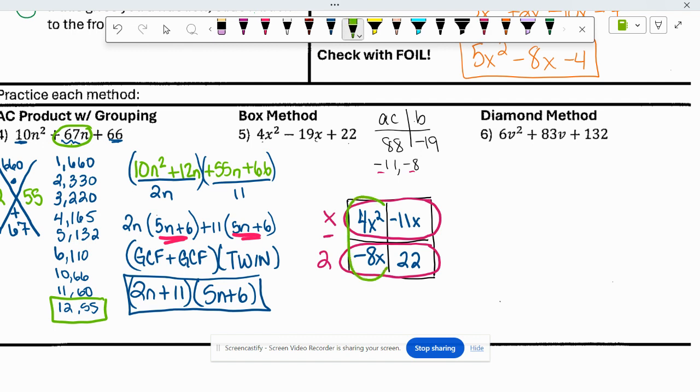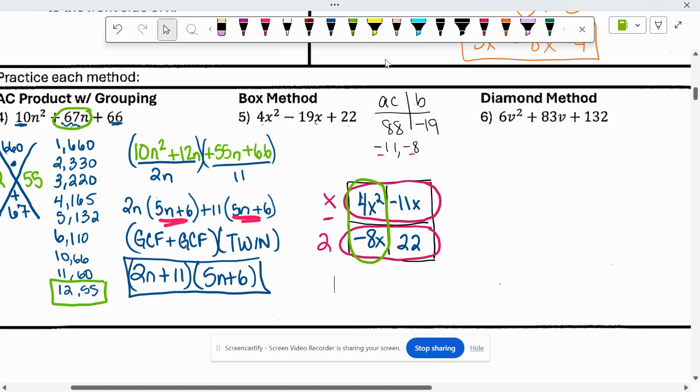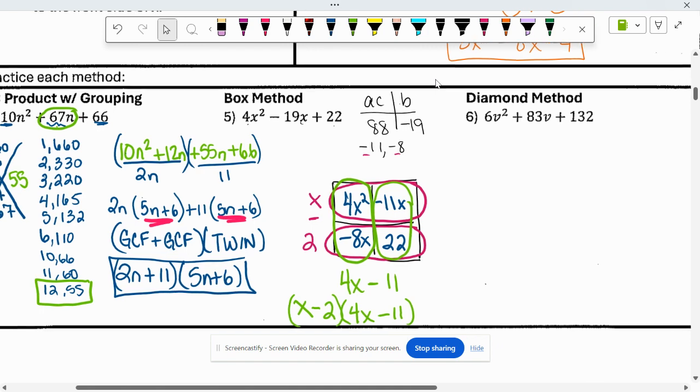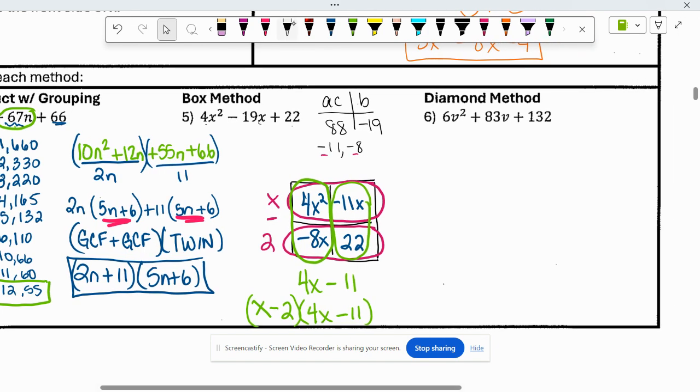What's the greatest common factor between 4x squared and negative 8x? 4x. And between 11x and 22? 11. So this factors out as x minus 2 times 4x minus 11.